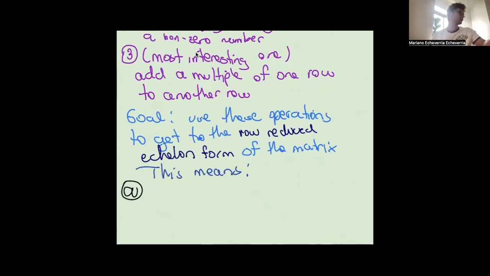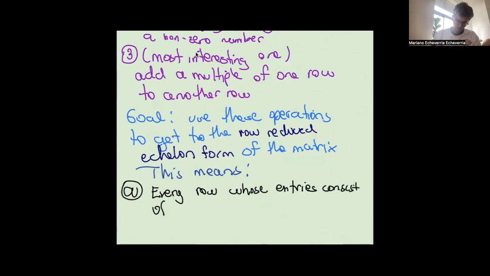So the first thing that you want to do, more for aesthetic purposes, is to have all the rows whose entries are just zeros go at the bottom of the matrix. So every row that consists of just zeros appears at the bottom of the matrix.